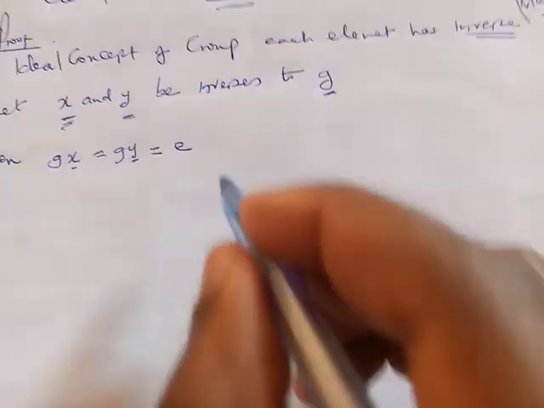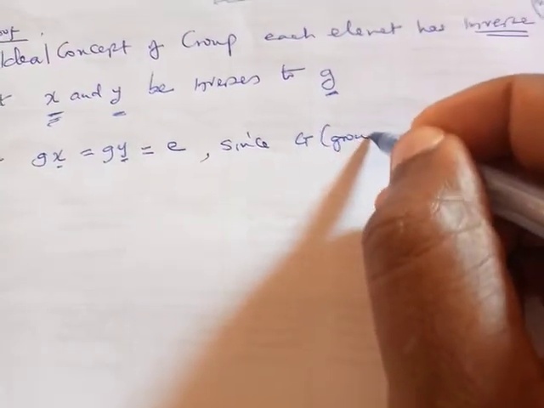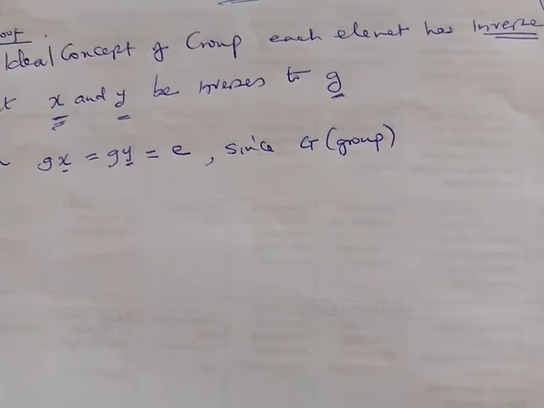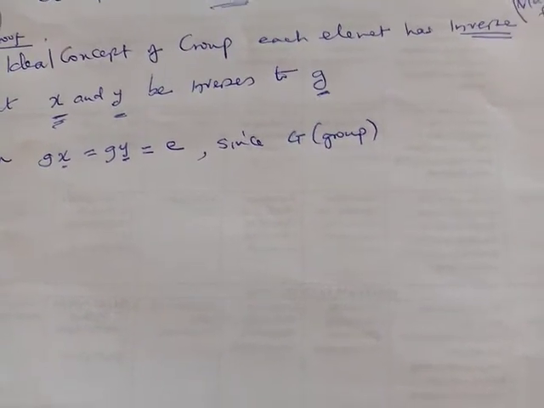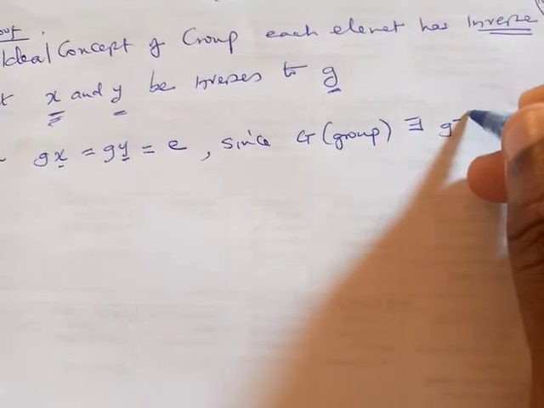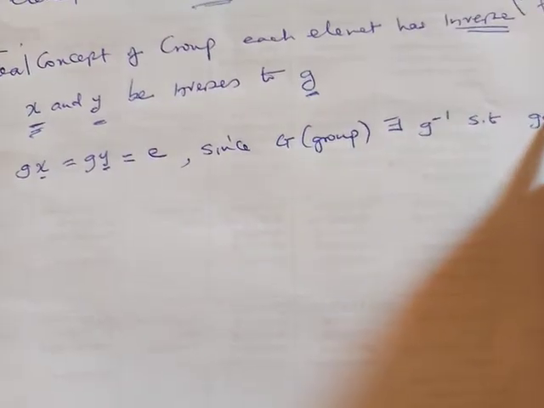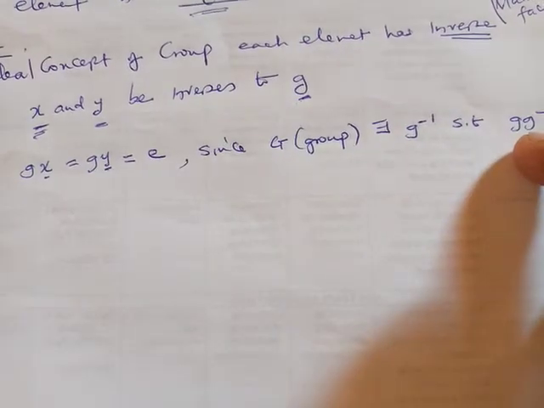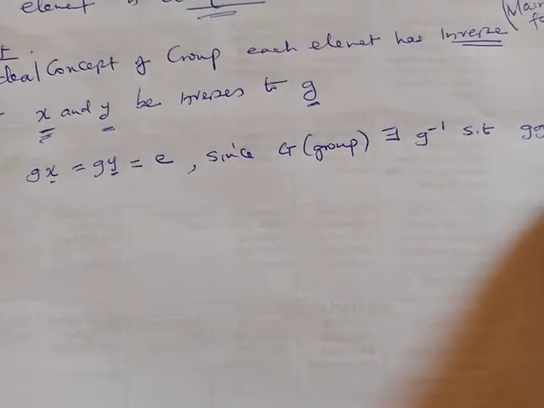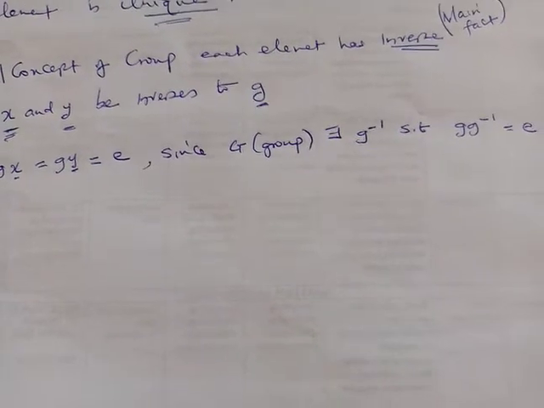Now, because we know that G is a group, there exists an inverse such that if you do G inverse, because G is an element of the group, then we get the identity. That's again a fact.